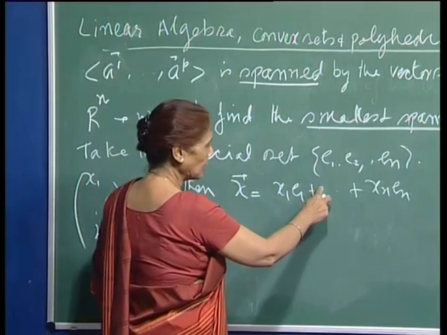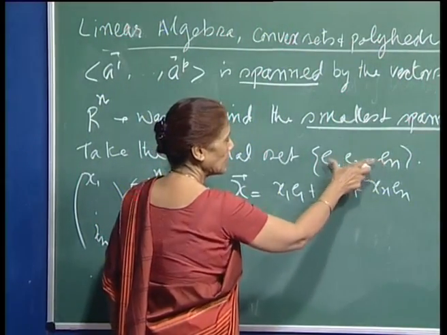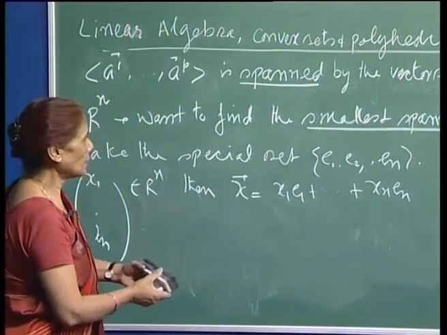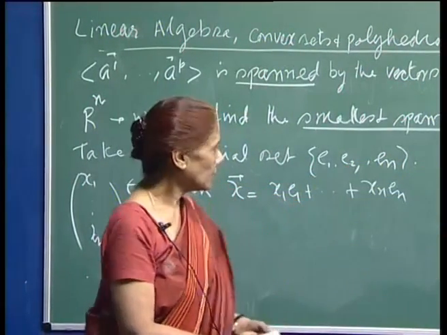Then from the second one I will get x2 E2, I will get an x2 in the second place, and all other vectors have 0 in the second place, and so on. So this is what you have. So therefore I have found for you quickly a spanning set, okay.